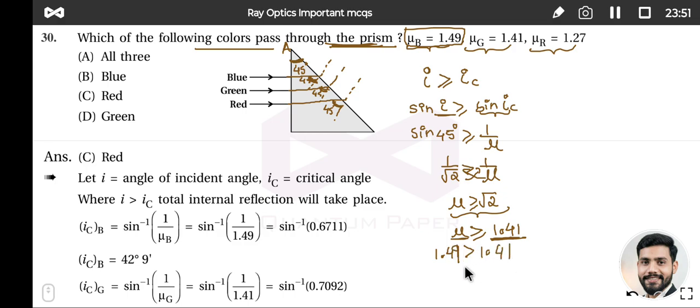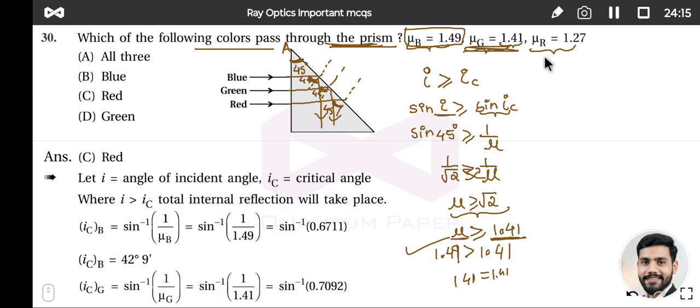So blue light will get TIR. It won't pass through the prism, it will bend inside the same medium. After that, green light, the refractive index is 1.41, which is equal to 1.41. So it is on the border, equal to is there, so that light also will bend inside only, it will get TIR.